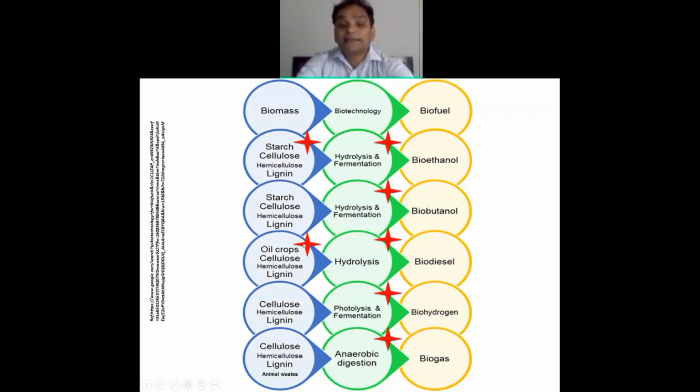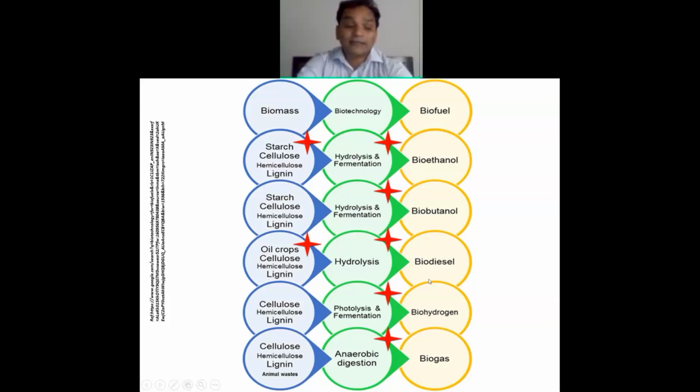In the same way, by using different microorganisms and different metabolic routes, we can also produce biobutanol. Then there are raw materials like oil crops, primarily containing cellulose, hemicellulose, and lignin. Again, this can be converted by hydrolysis and different biological reactions into biodiesel.